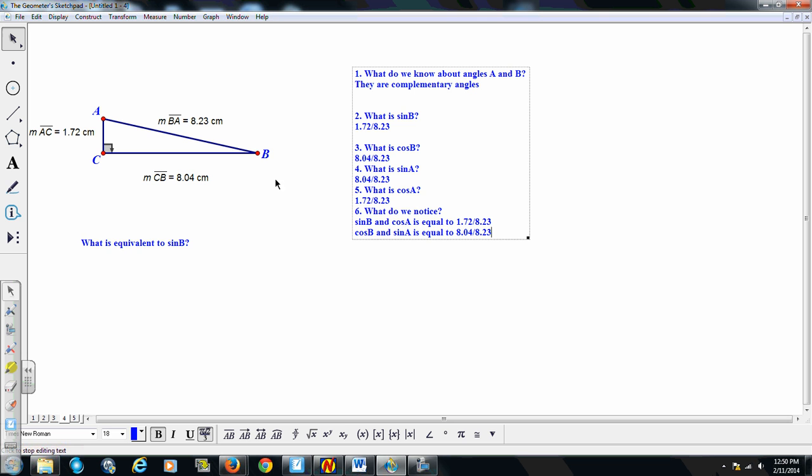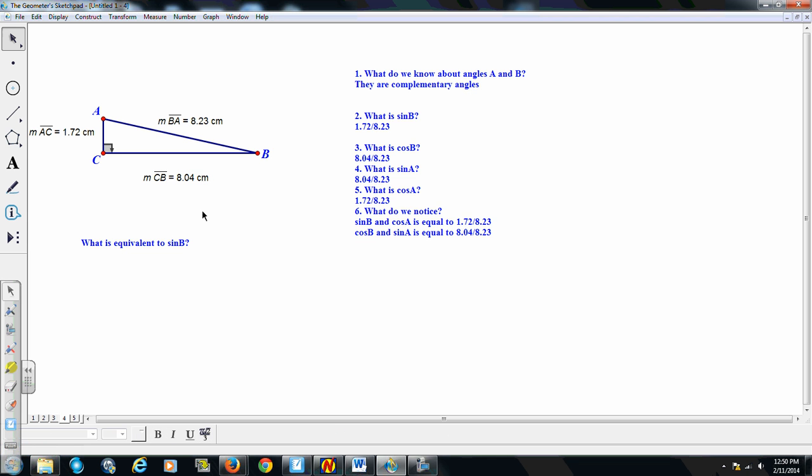So we can see that the sine of B is equivalent to the cosine of A, because when we change the perspective, we change the way we look at this triangle, these sides switch. So when I'm looking at it from angle B, I got opposite adjacent, but when I'm looking at it from angle A, I have opposite adjacent. So that's why the cosine of one angle is equivalent to the sine of another angle.